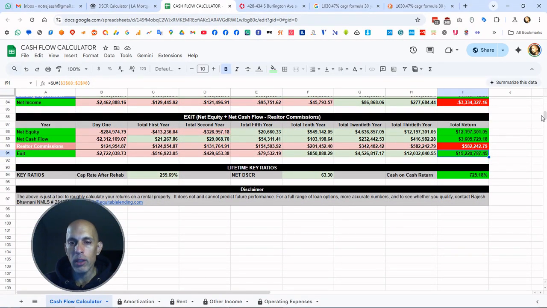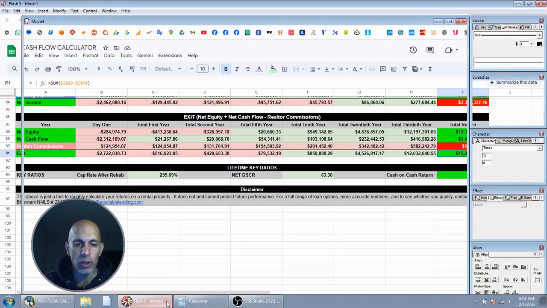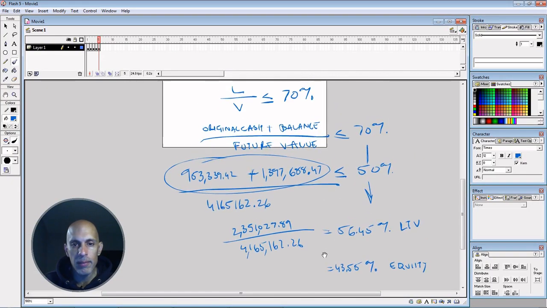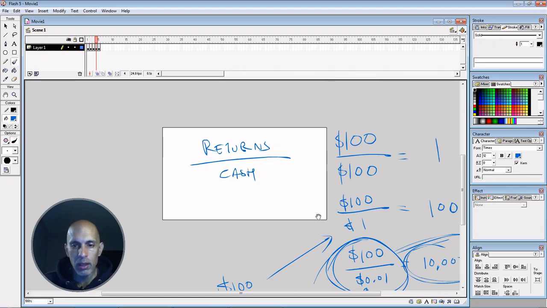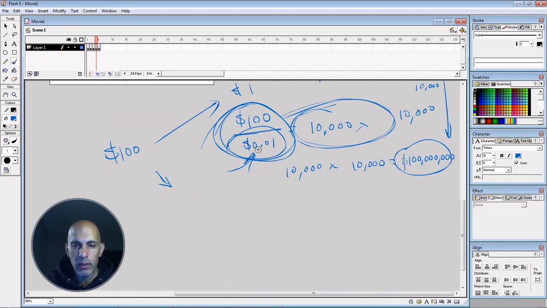I want that to sink in for you, because what we did here is, the smaller this number is, the bigger the return. So after 10 years, you pulled out your original cash investment, and then you're just letting it sit. You have a money producing machine from day one after the cash out refi.